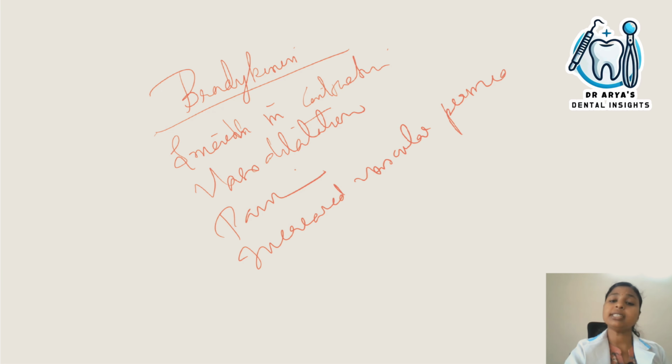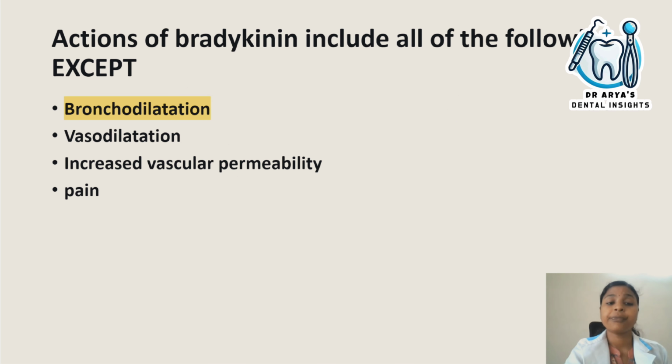So these are the various functions of bradykinin. So the answer is bronchodilation. It is not a function of bradykinin. So all others are functions or actions of bradykinin. Okay.